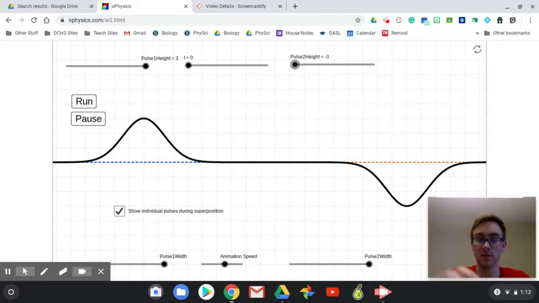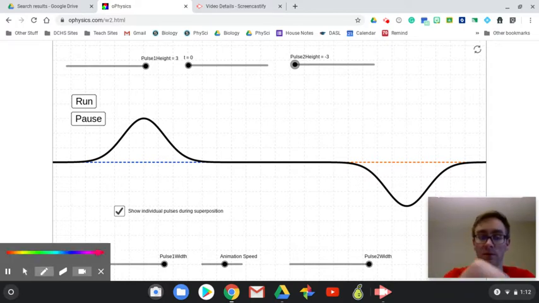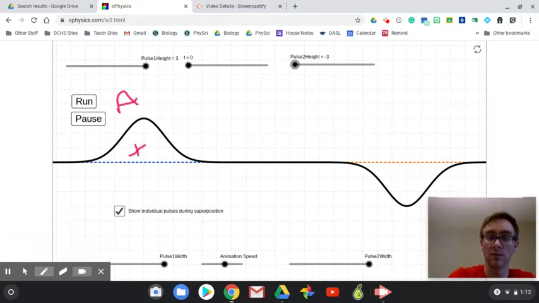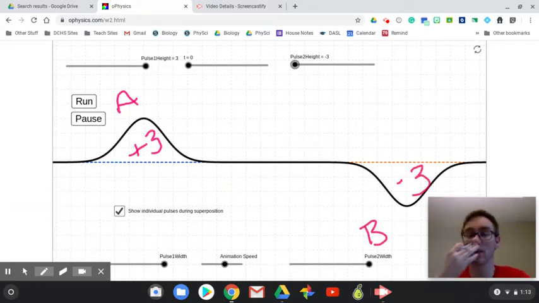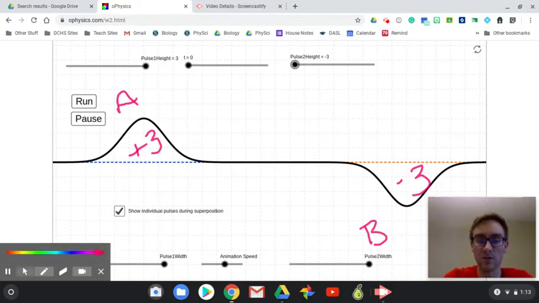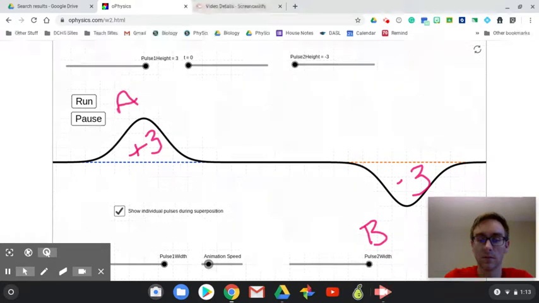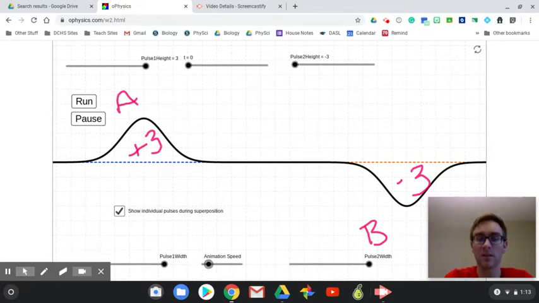So here we have wave A, which is +3, and wave B, which is -3. Negative just means in the opposite direction. And so when these two waves meet each other, I'm going to slow this down a little bit this time.